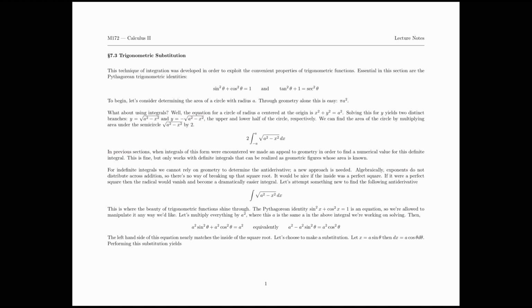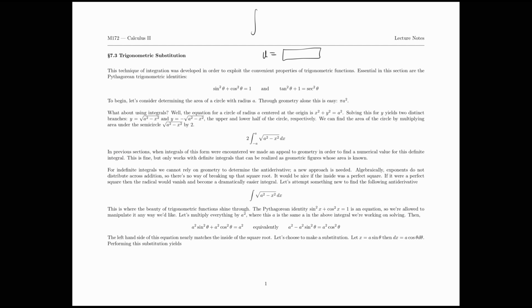All right, next we have 7.3, which is trigonometric substitution, a really neat substitution technique. So essentially, what you are familiar with so far with U substitution is letting a new variable, U, equal some part of an existing expression in our integrand.